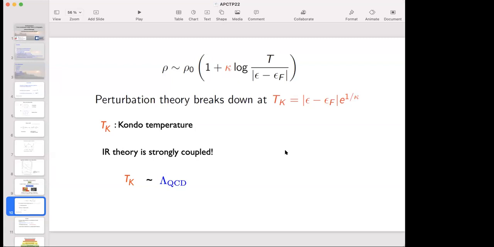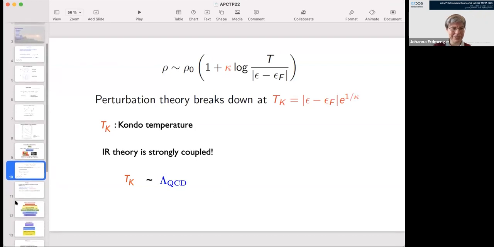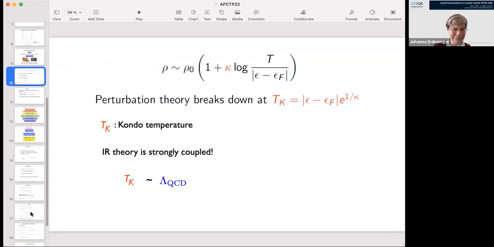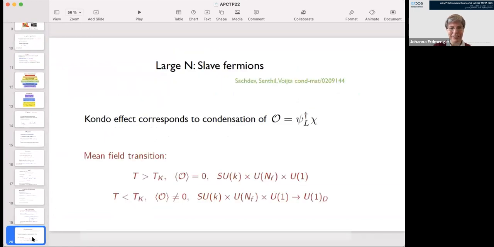When you consider the condensate, do you consider the Kondo lattice or just the single impurity? Let me jump ahead a few slides. So this is my last slide for this morning. The Kondo effect corresponds to a condensation of a particular operator.